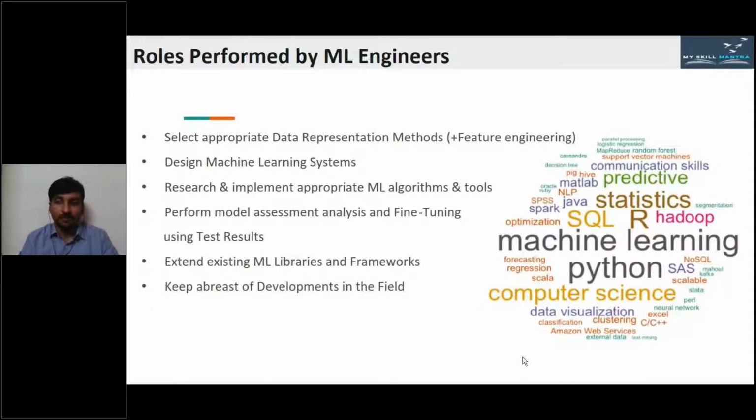For example, how many festivals are there in this month? Or how many Sundays are there within this month, because that might have a direct relation to how much sales or how much revenue the customer is going to make. Now, after some data operations, the ML engineer also has to find out which is the best algorithm for our model.